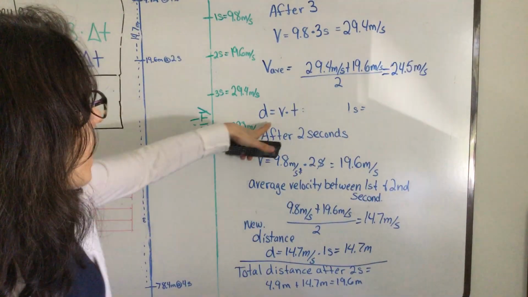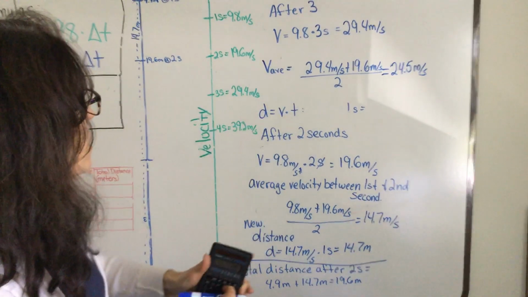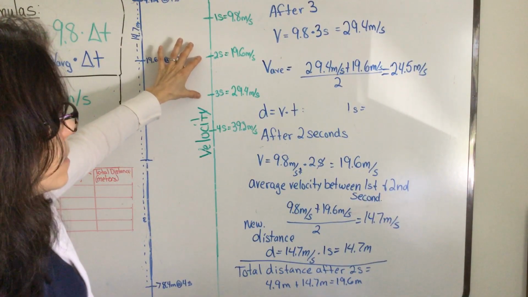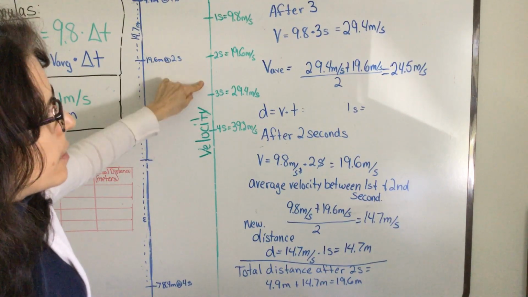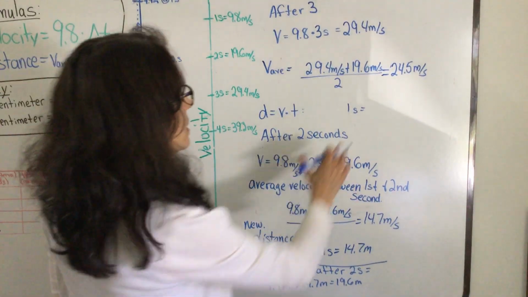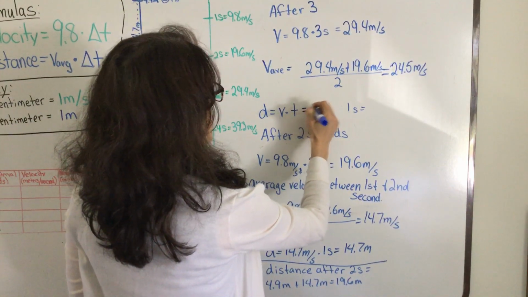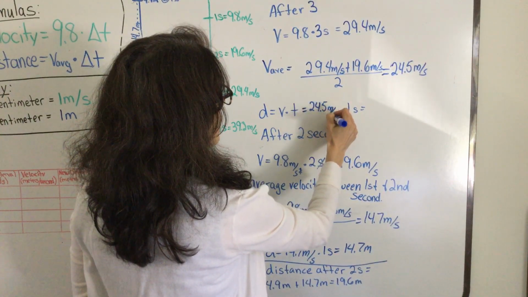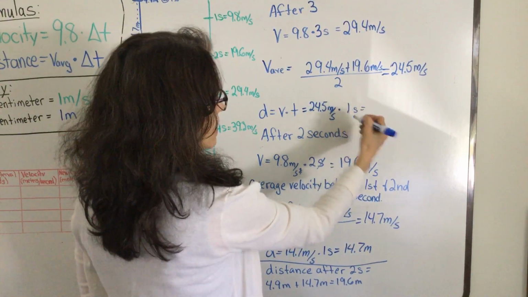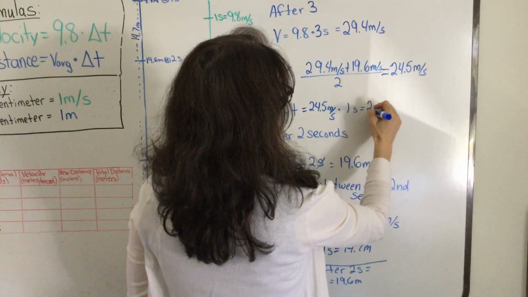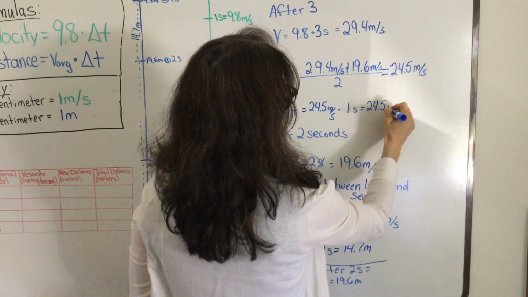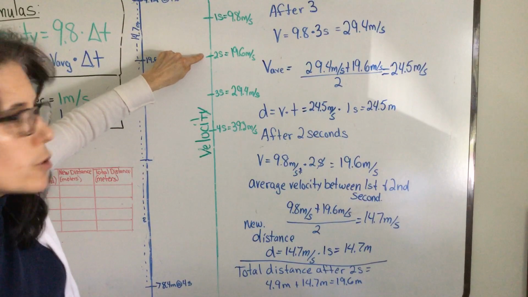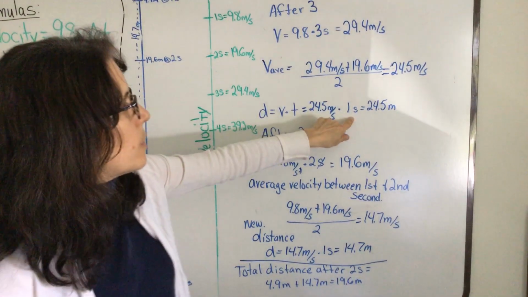Now, how far will it fall in between the second and third second? Well, velocity times time: 24.5 meters per second times 1 second is 24.5 meters, because we're only talking about the time between second number 2 and second number 3, so it's only 1 second.